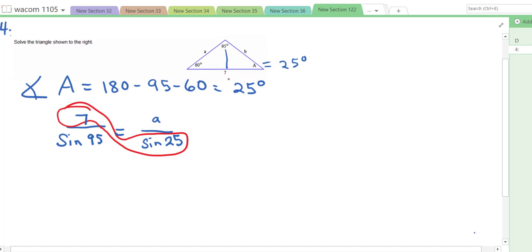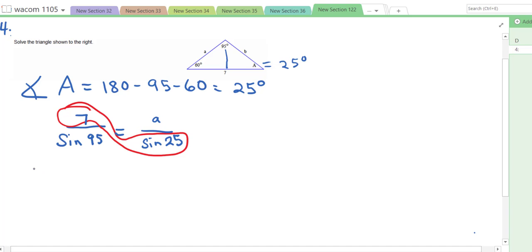So this was our pair, 7 over sine of 95, and we're looking for a. So 7 over sine of 25 divided by sine of 95 will equal a.